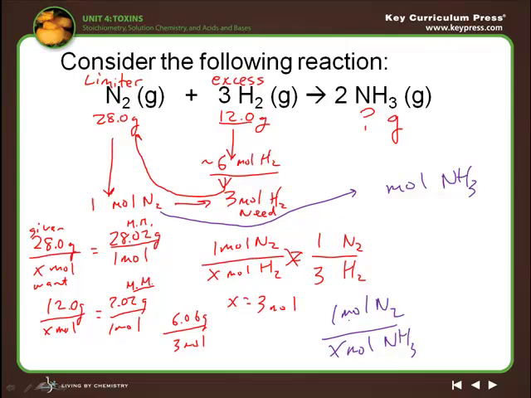All right. So the next thing is, what's the ratio? What's the number in front of N2? 1. What's the number in front of NH3? So it's a 1 to 2 ratio. You cross multiply. X has to equal what in this case? 2 moles. To convert it into grams, what do we have to then do? Use the molar mass.